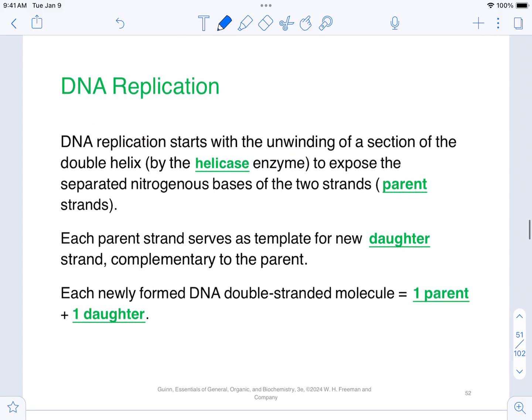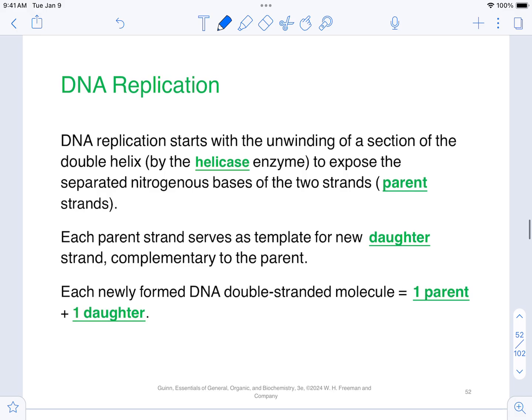Okay, DNA replication. How does this work? This starts with the unwinding of a section of the double helix. And an enzyme helps us with this, helicase. And what this does is this exposes the nitrogenous bases of the two strands.